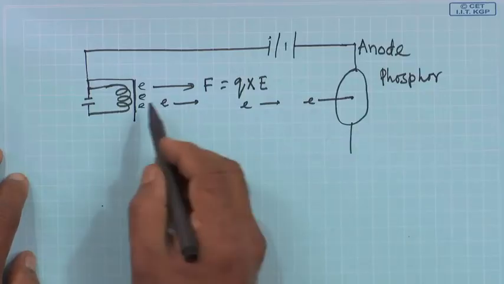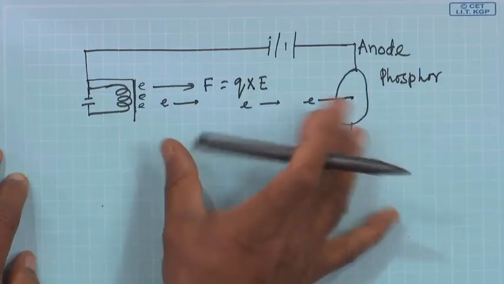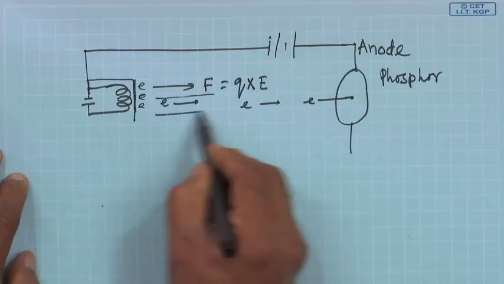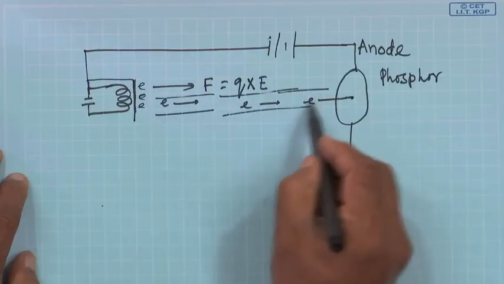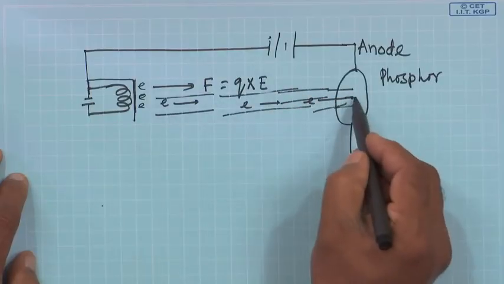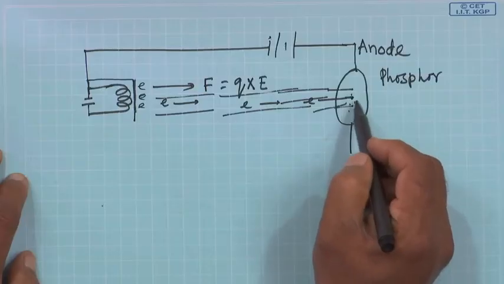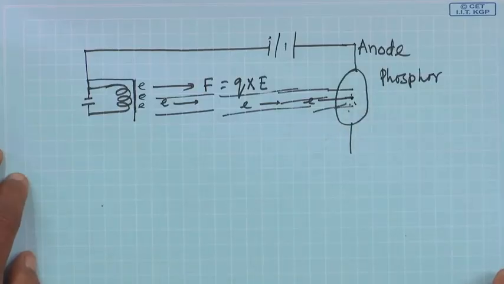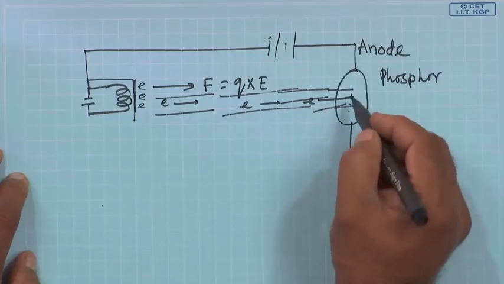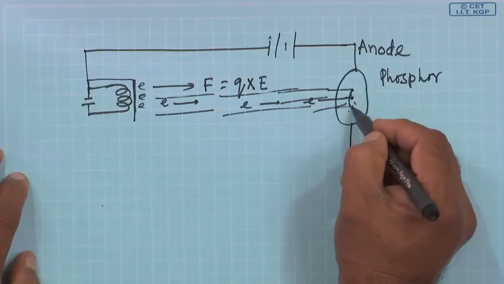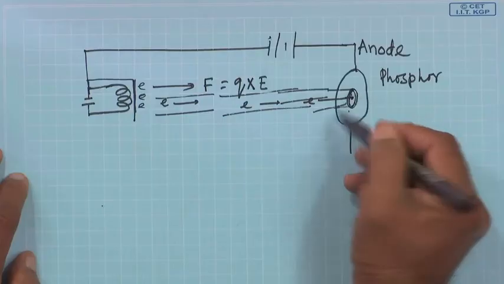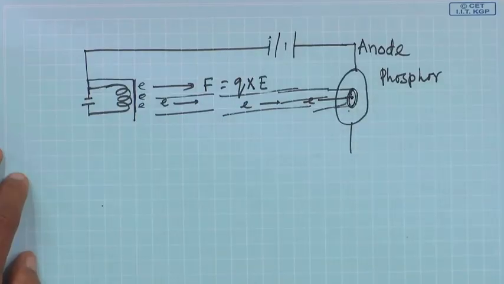So, you will get a beam of electrons that hits the screen. Now, what will you see? You will see a spot on the screen.